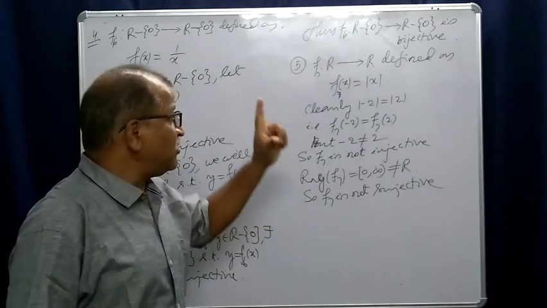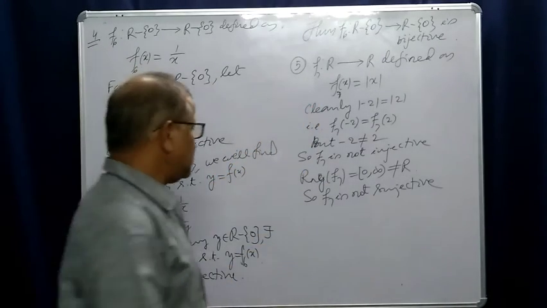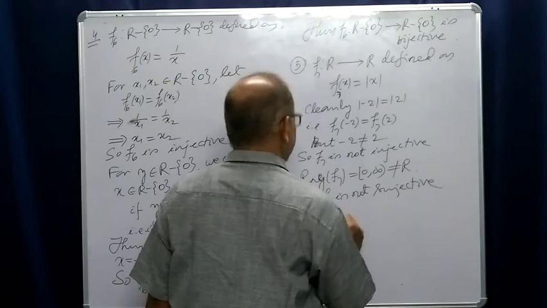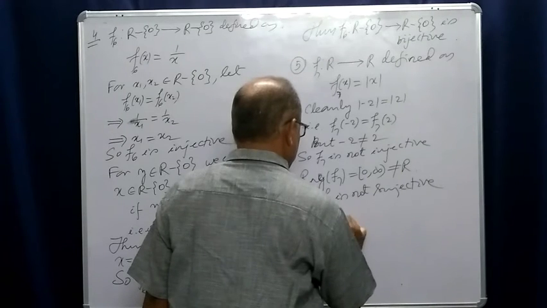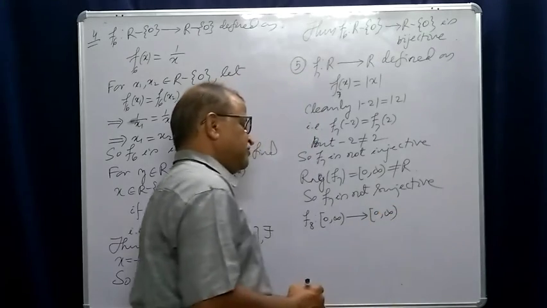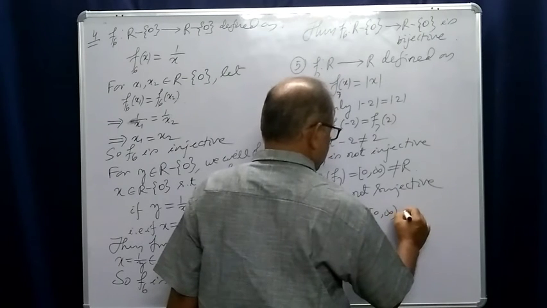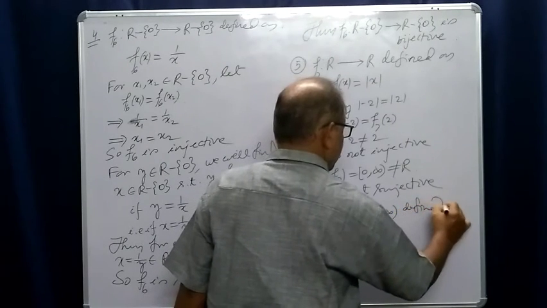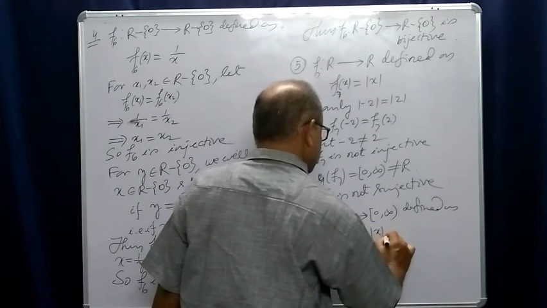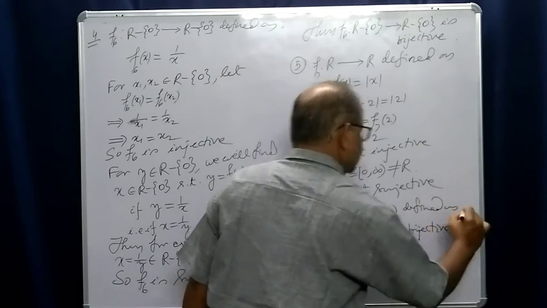But if we restrict its domain and codomain, suppose you take f8 as a mapping from 0 to infinity to 0 to infinity, defined as f8(x) is equal to modulus of x, then it is bijective.